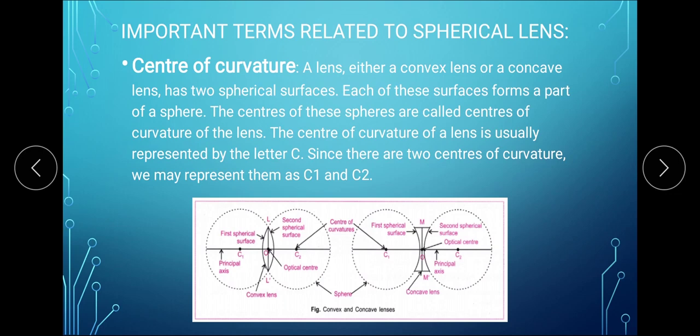So a lens, either a concave lens or a convex lens, has two spherical surfaces and each surface forms a part of a sphere. They are represented by the letter C. As you can see, there are two centers of curvature, so they are represented by the letters C1 and C2.